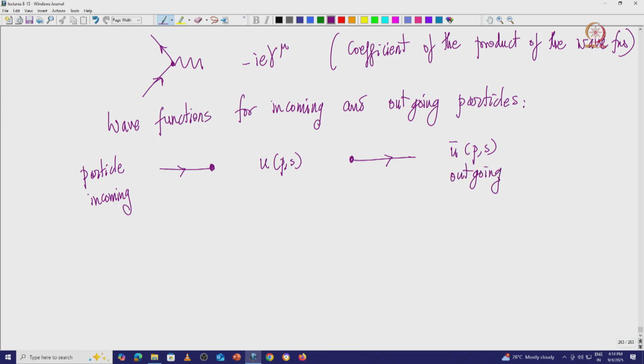For the antiparticle it has the same signature but with an opposite sign.